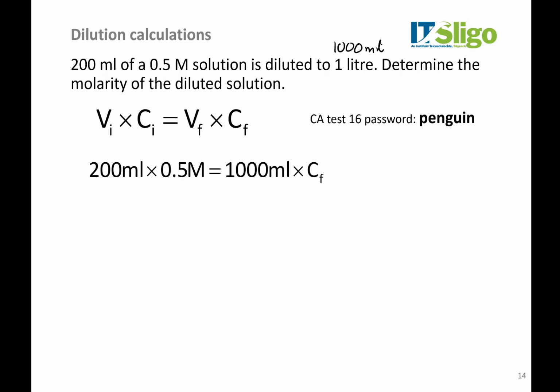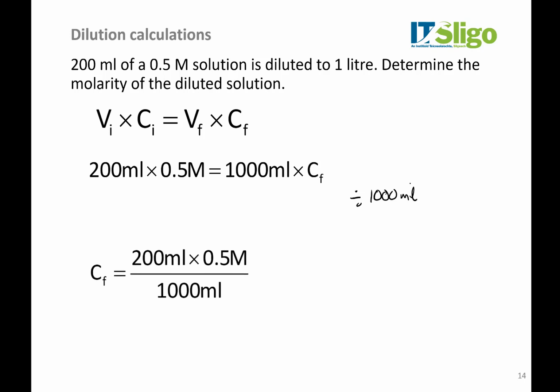So 200 mils, that was our initial volume. 0.5 molar, that was our initial concentration. 1,000 mils, 1 litre, that was our final volume. And we want to get CF. What's the final concentration? How we get there, guys, is we simply divide both sides by 1,000 mils. And that gets us to here.